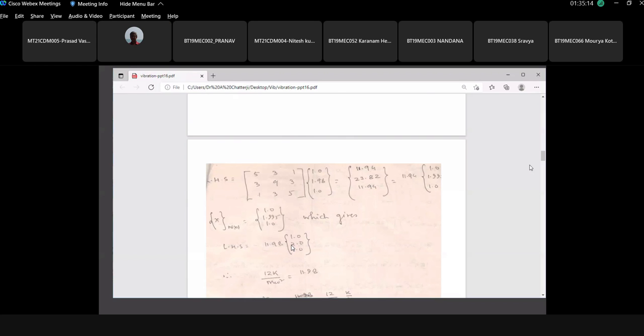Try it. Do you think another iteration matrix is possible where instead of taking the inverse of K, we take the inverse of the mass matrix?